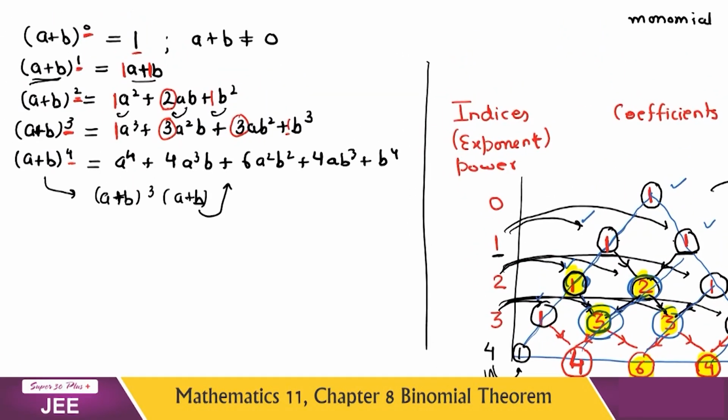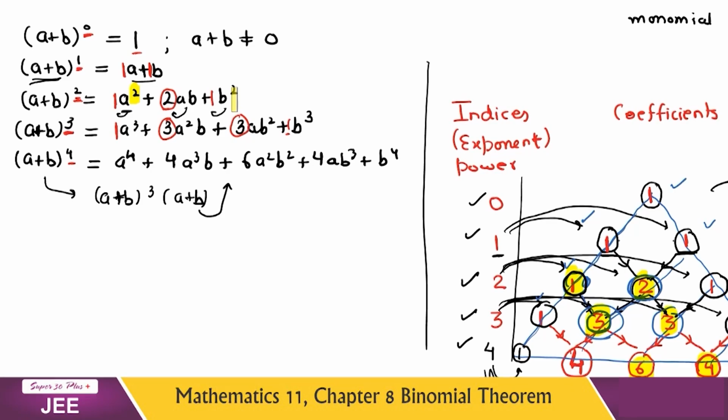involved in the binomial expansion, where the index has to be a non-negative integer. Right? Index can be 0, 1, 2, 3, 4 and so on. Alright, now if I consider the variables, then what is happening? The highest power of the variable over here is how much? 2.